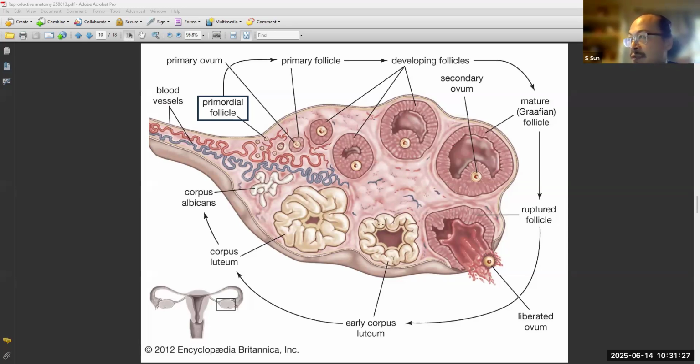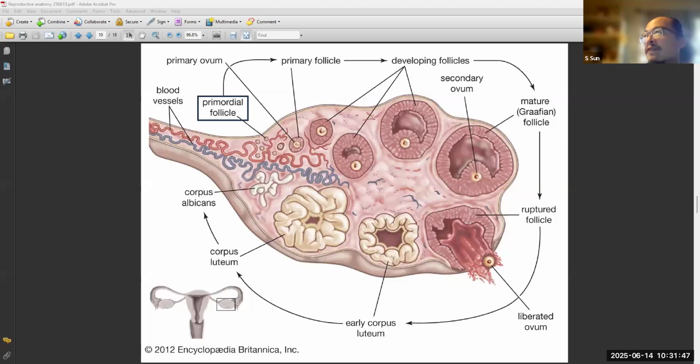They all produce estrogen, but only the corpus luteum also produces progesterone. The corpus luteum then gradually dies away.